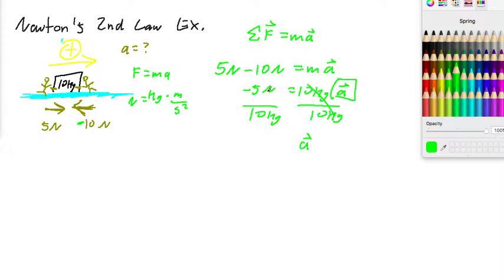So this is kilogram meters per second squared, divided by kilograms. Kilograms cancel out. You end up having negative 0.5 meters per second squared. That would be your answer for this example, and you would say it's accelerating at 0.5 meters per second squared to the left, which we can kind of tell by the picture.